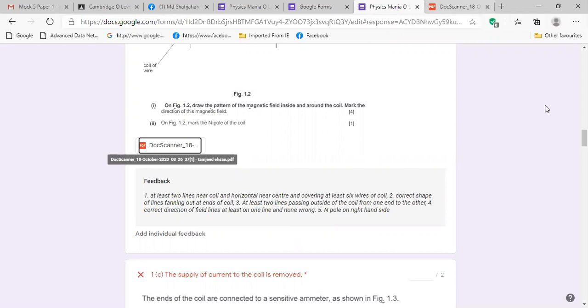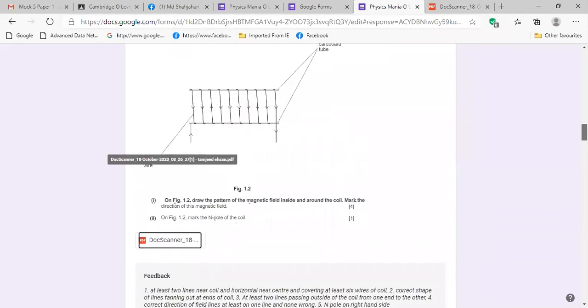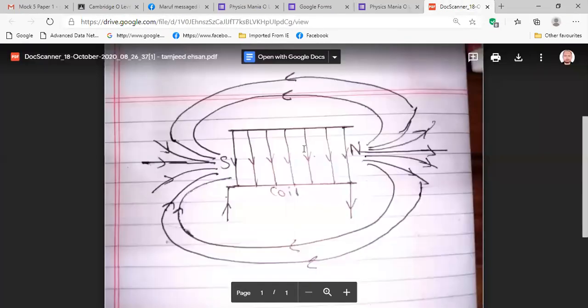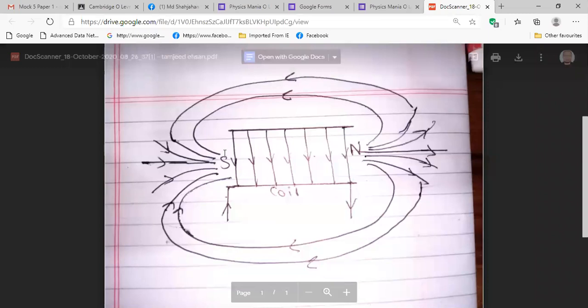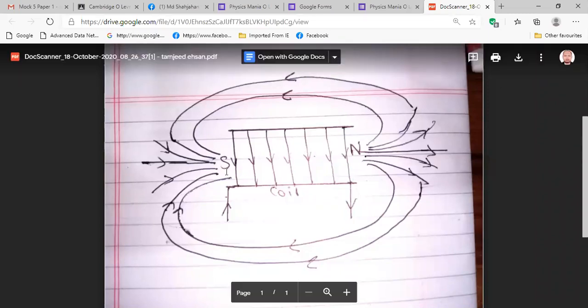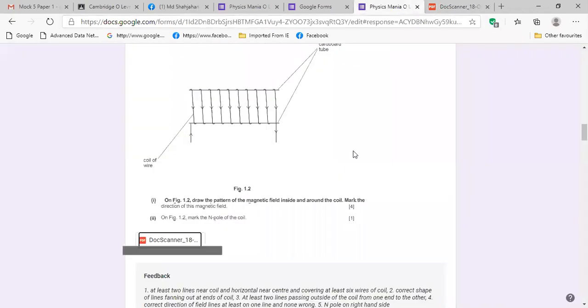You did not show the lines inside. That should be shown, and in the center it should be horizontal. Look, I am showing you the points.